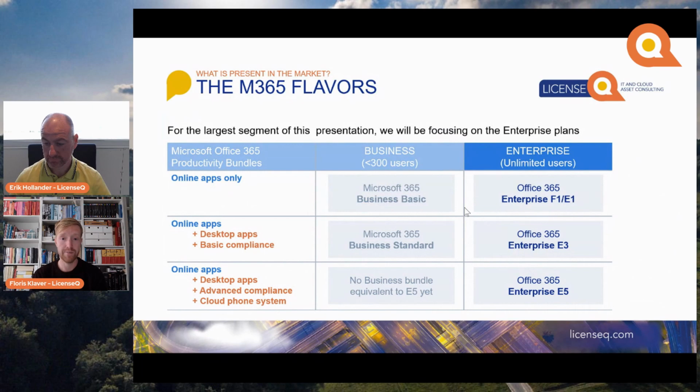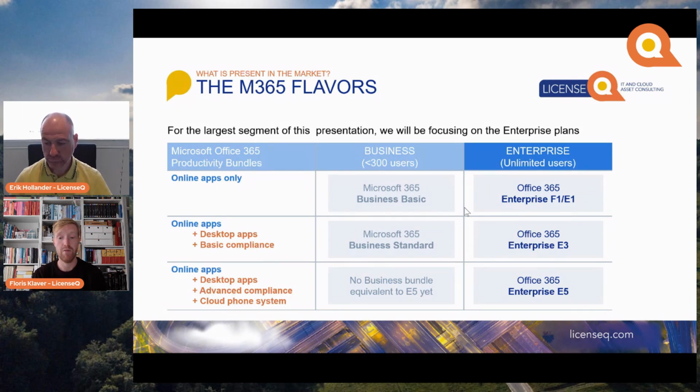Now, the flavors that we have, and we will mainly be focusing on the enterprise plans in this presentation. You have the Office 365 F1 and E1 flavors, which have online Microsoft 365 applications, not a desktop application. You have the Business Standard or the Enterprise E3 license, which has desktop applications and basic compliance offerings.